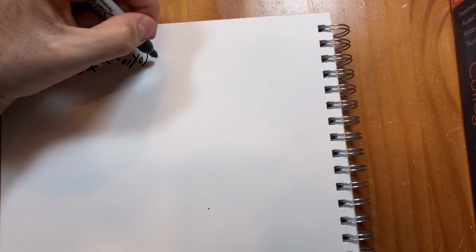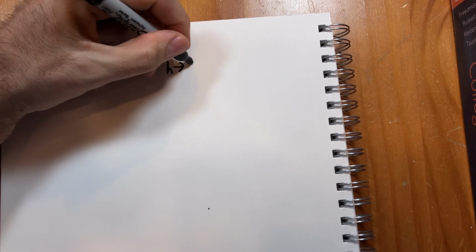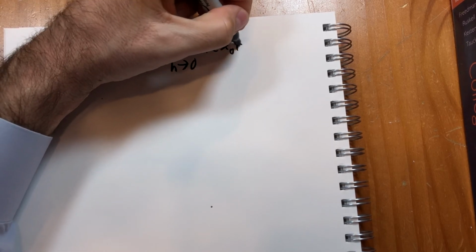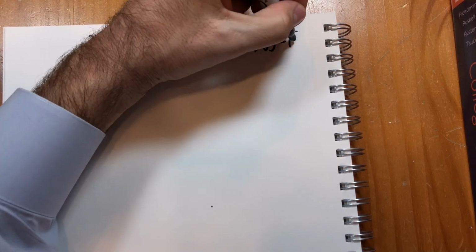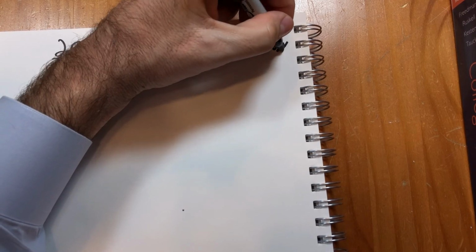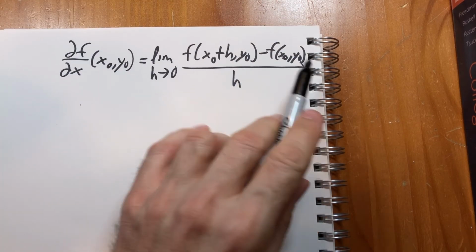Now, in terms of limits, of course, we're talking about derivatives, so we have to be talking about limits. In terms of limits, the partial derivative of f with respect to x at the point x0, y0 can be written as the limit as h approaches 0 of f of x0 plus h comma y0 minus f of x0, y0 over h. So what is this?